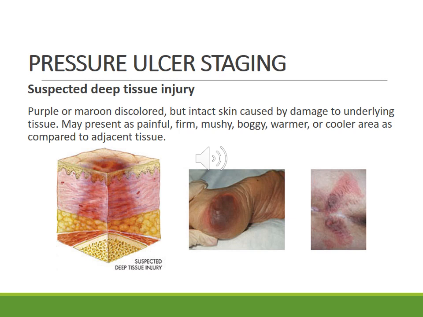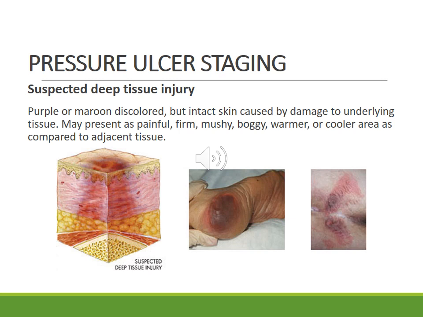So the first stage we're going to talk about here is that suspected deep tissue injury. And this presents itself as a purple or maroon discoloration, but the skin is still intact. It is caused by damage to the underlying tissue. It can present as very painful. The area may be firm or mushy, boggy, warmer or cooler as compared to adjacent tissue.